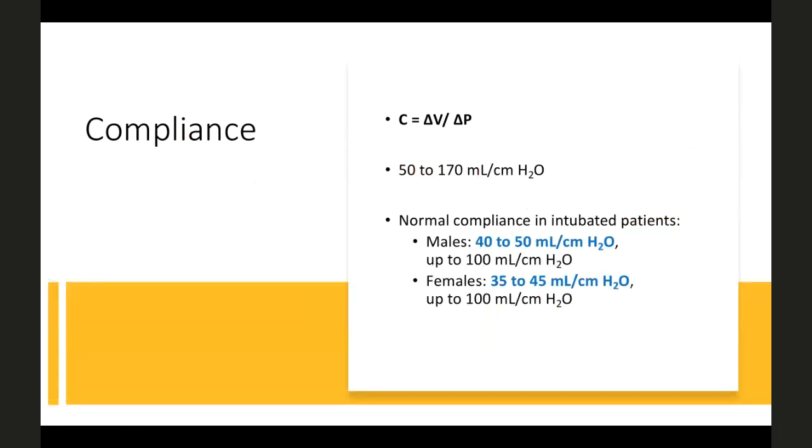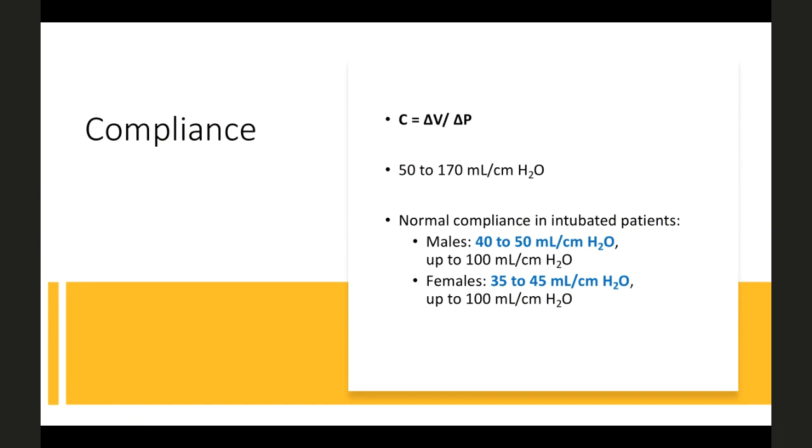In scientific terms, we can say compliance is change in volume per unit pressure change, delta V by delta P. If the compliance is good, the lung is working well; if compliance is compromised, something has gone wrong. The normal compliance value we'll remember as 50 to 170 mL per centimeter of water.